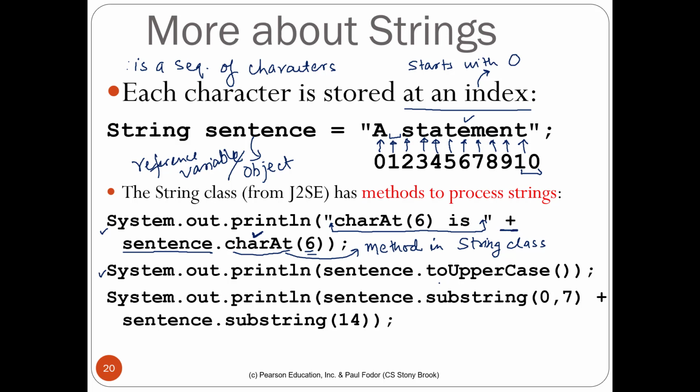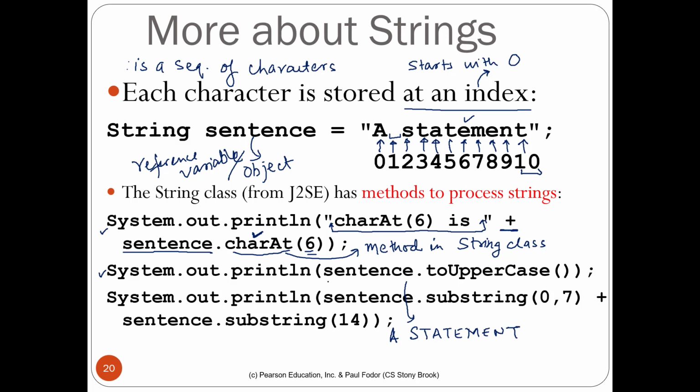It is not done permanently. In this invocation only, whatever value the sentence has would be changed to uppercase. So what you should see is that A is already in uppercase and will not change, and then STATEMENT all in uppercase. That's what you'll see in the output.